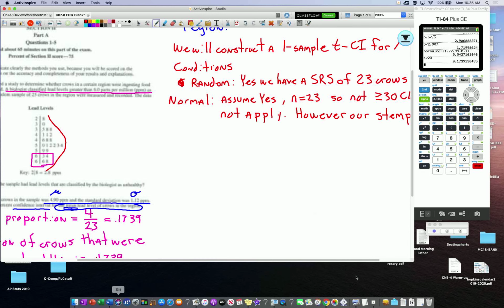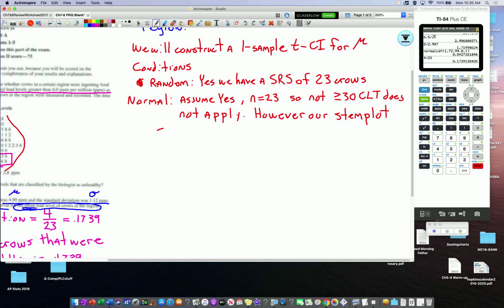So I would say our stem plot shows no outliers or extreme skewness.